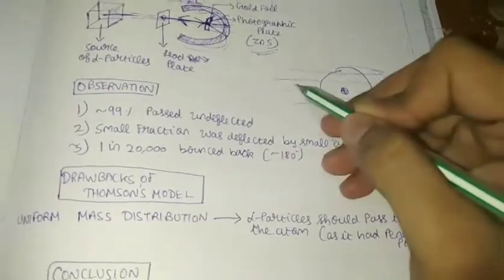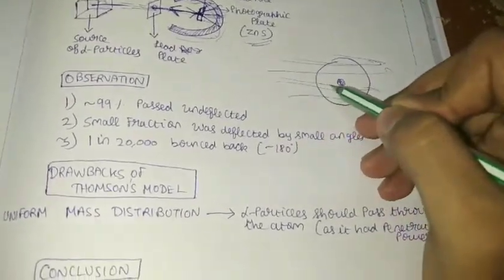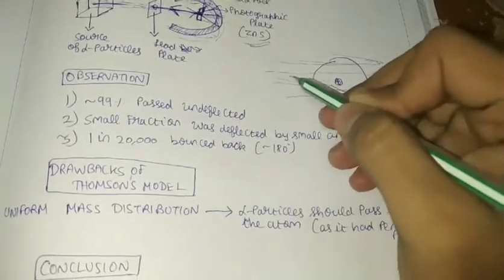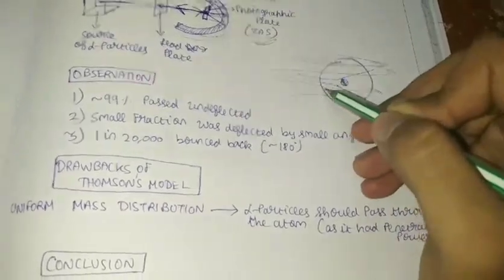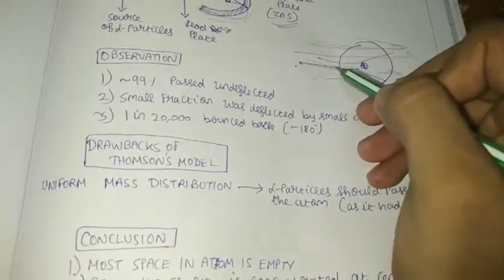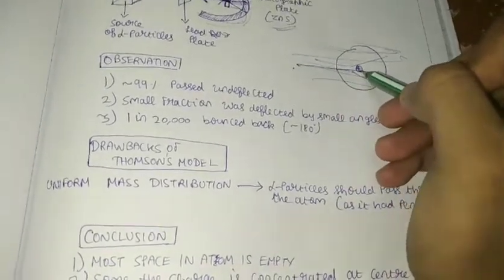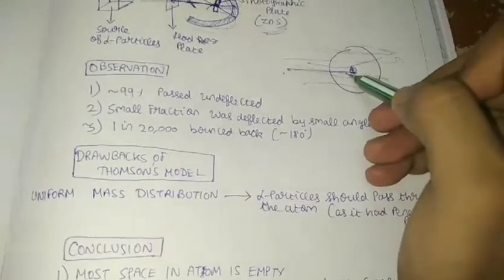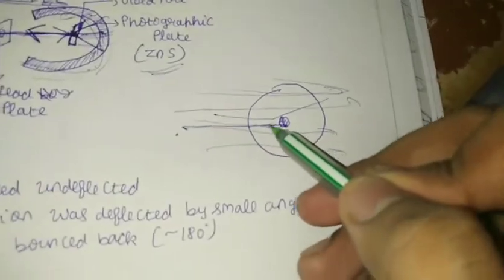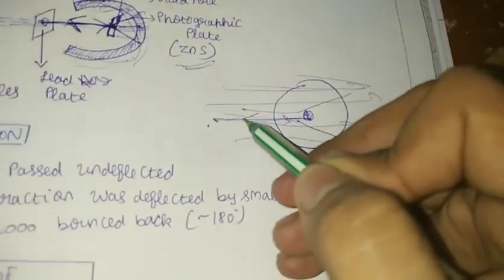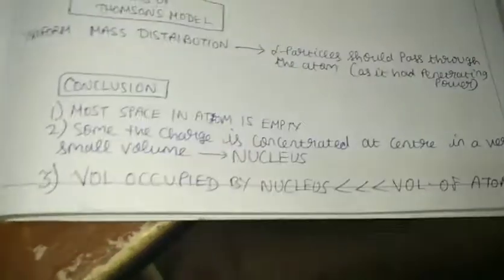When some rays came near to it, they got deflected like this. And only 1 in 20,000 rays reflected back, meaning it went straight and struck the nucleus, and it reverted back. That was the main catch point here.